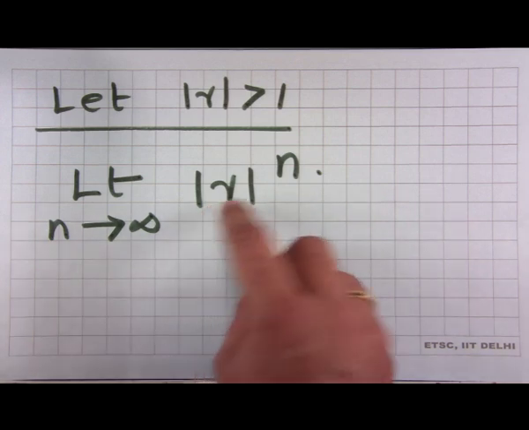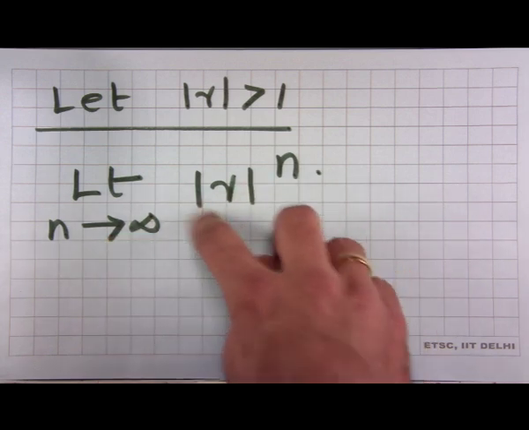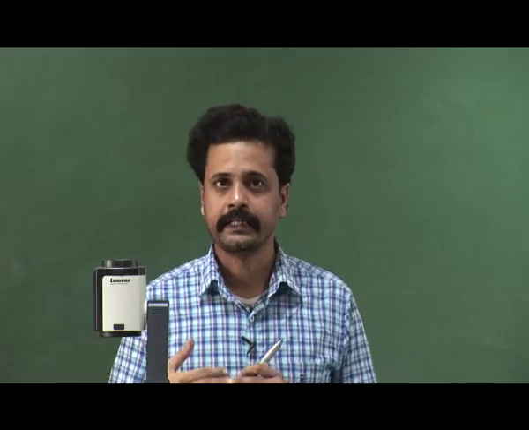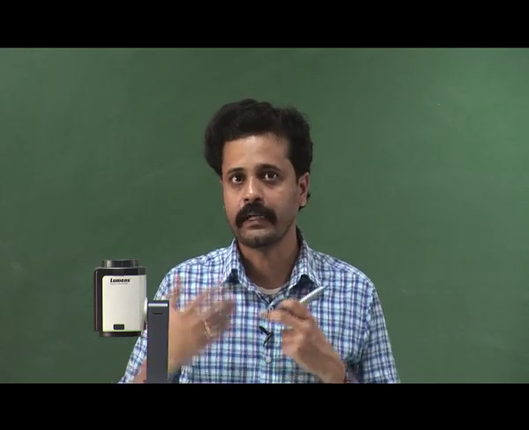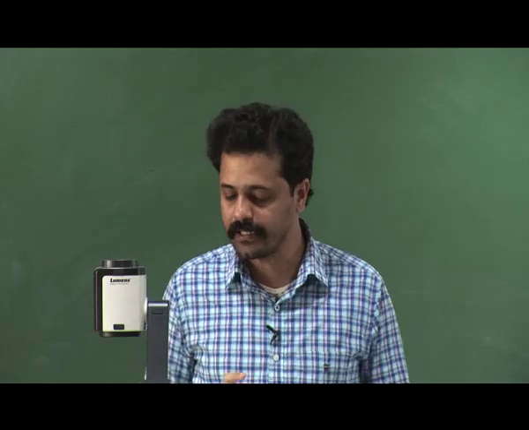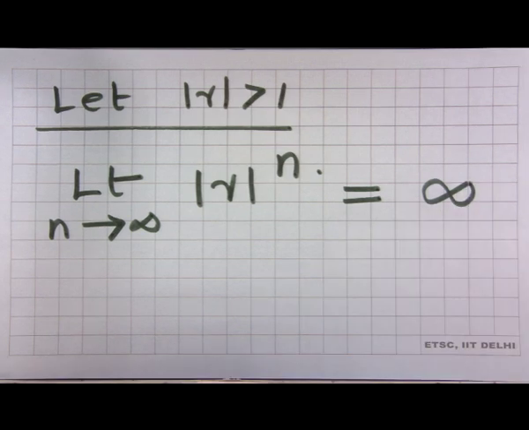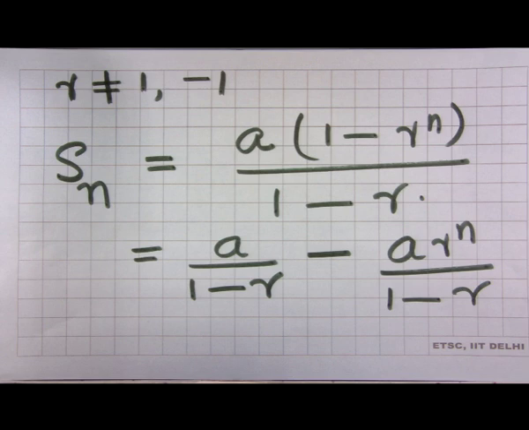So as n tends to infinity, |r|^n becomes larger and larger, something like 2^n. You can see that 2, 4, then 8, then 16 and so on. As n increases, the power increases indefinitely. Therefore, this is infinity.